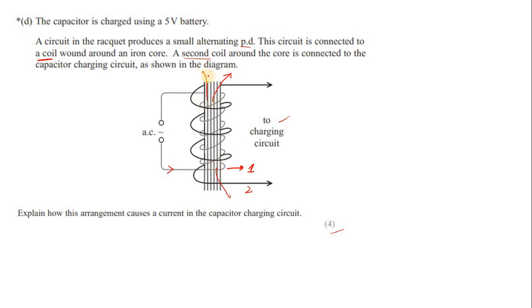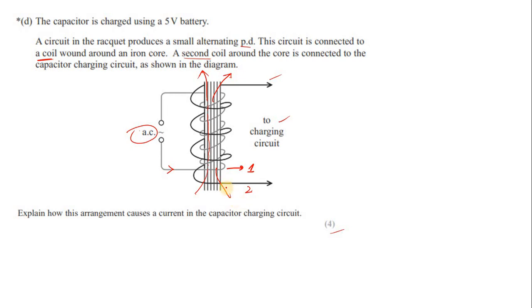This magnetic field is also linked with the secondary coil. So the secondary coil has a magnetic field linked with the first coil, but we have alternating current. That means this magnetic field is switching all the time. So we have a change in magnetic field, and the second coil's magnetic flux is also changing.